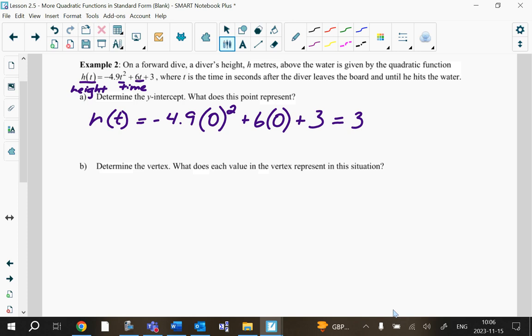Seconds. At 0 seconds, your height was 3, which means in this problem, where were you? You were standing on the diving board, or you were just ready to launch. Okay? So at 0 seconds, you were 3 meters above the ground.